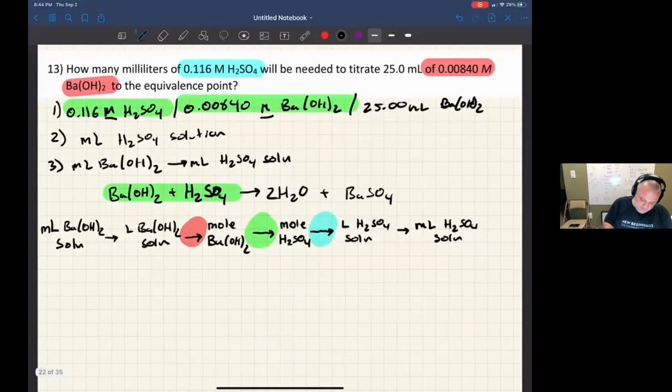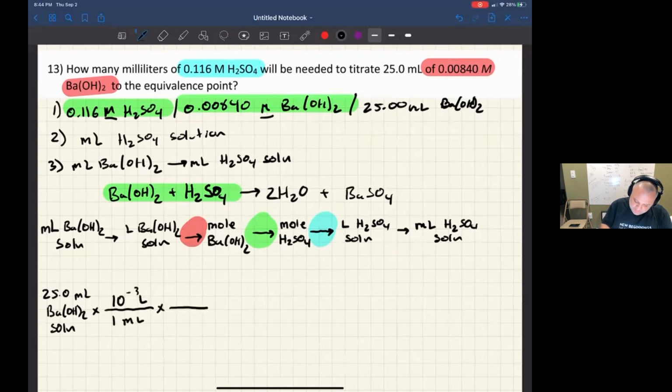And now, so let's put it together. It's going to be a little bit longer. So I'm going to start with the 25.0 milliliters of barium hydroxide solution. And that first per expression is going to be just the definition for my metric prefixes.